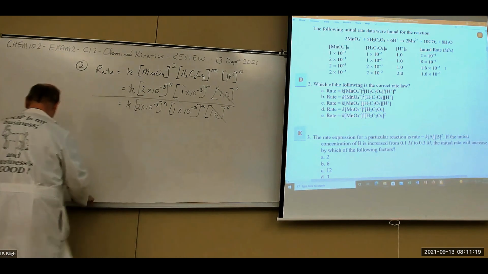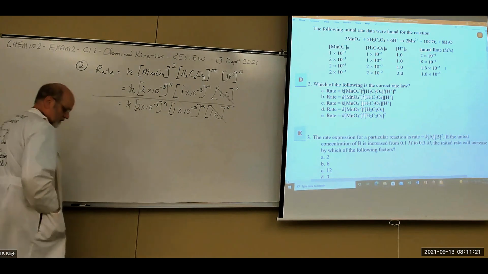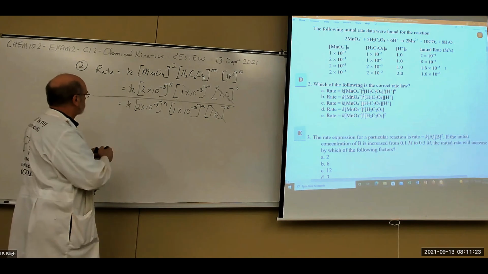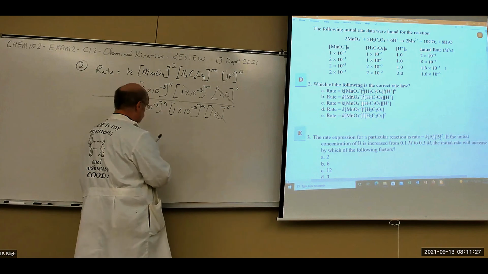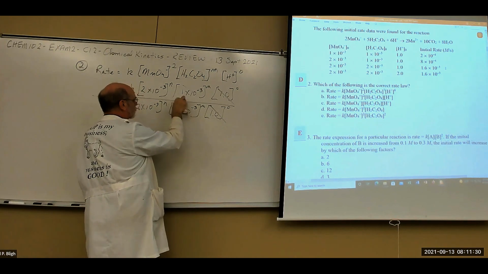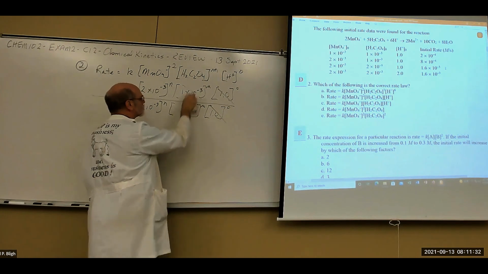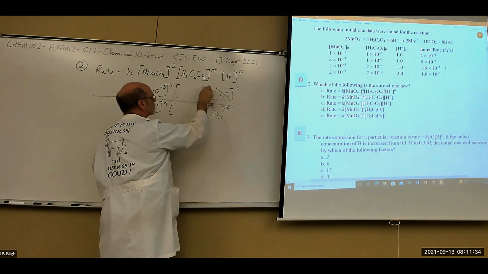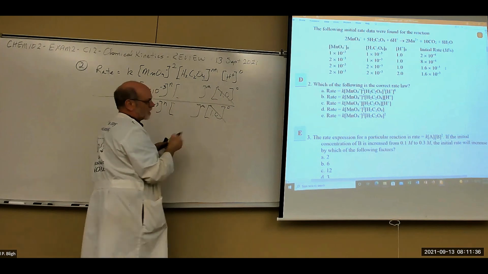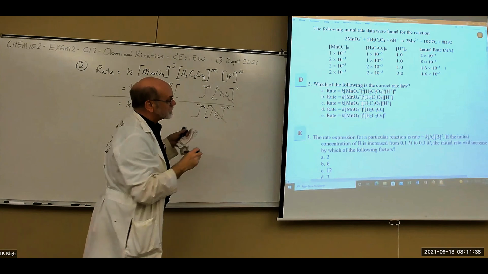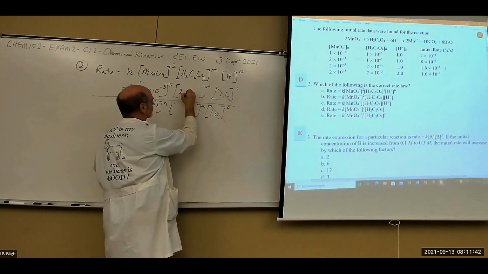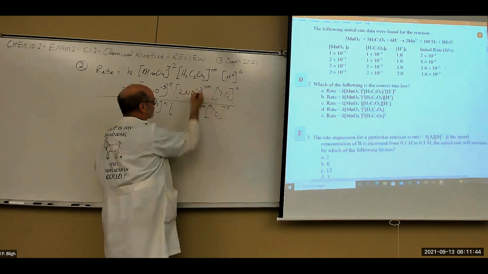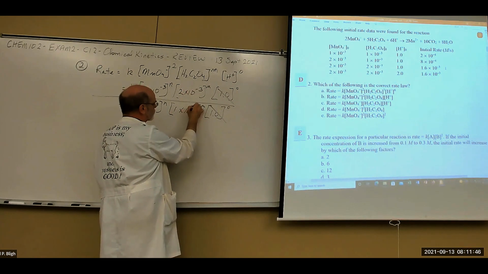Need a marker. Okay, and this one's going to change. All right, so it's going to be 2 times 10 to the minus 3, right? This one's going to be 1 times 10 to the minus 3.